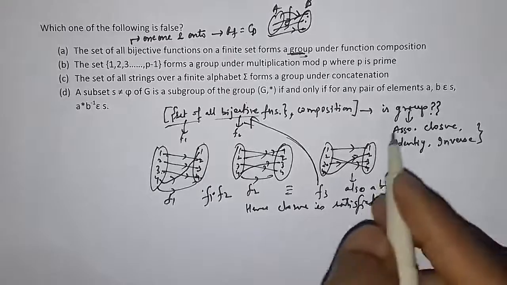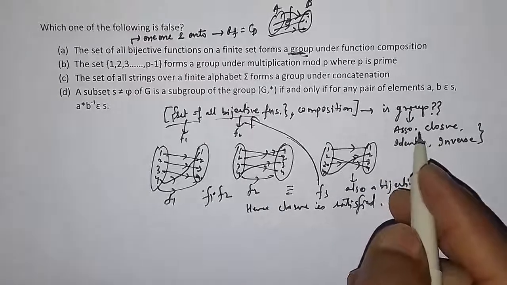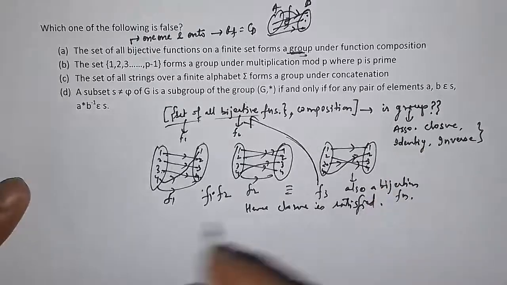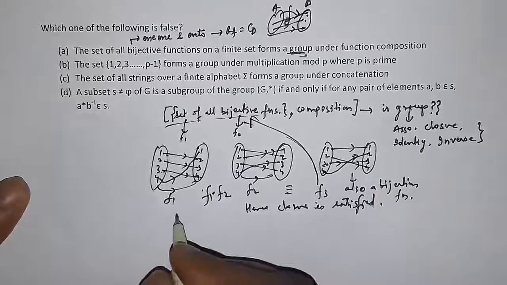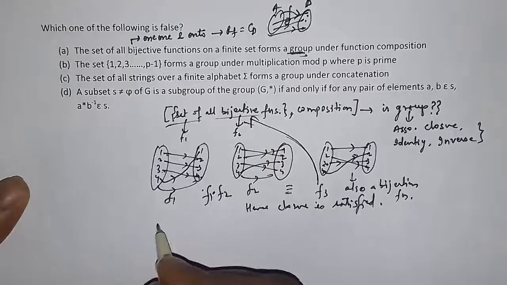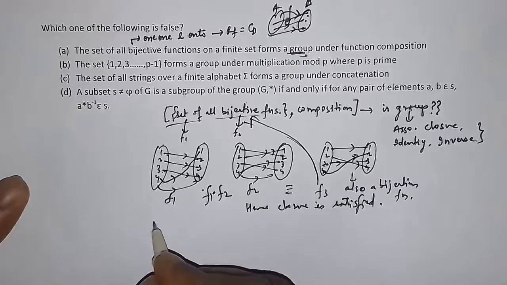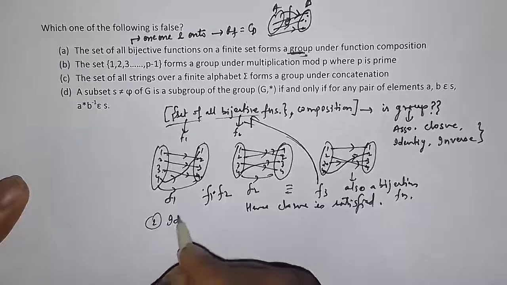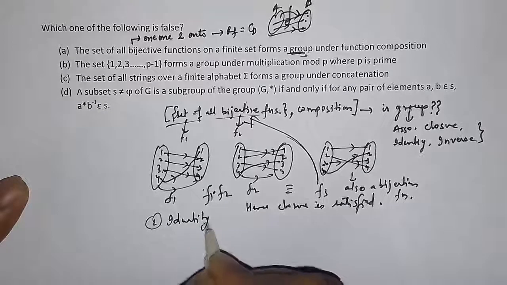Now we will check another property. First we check whether identity element is present or not. Second property is presence of identity element.